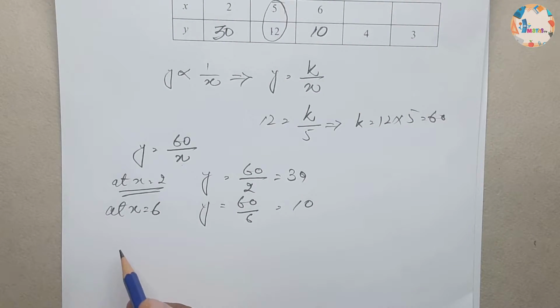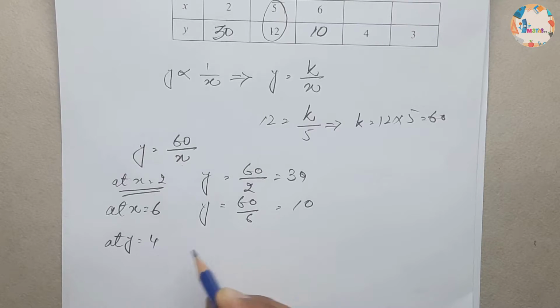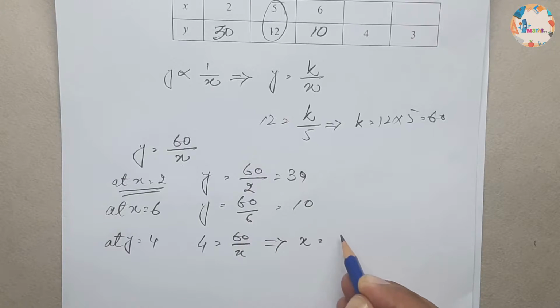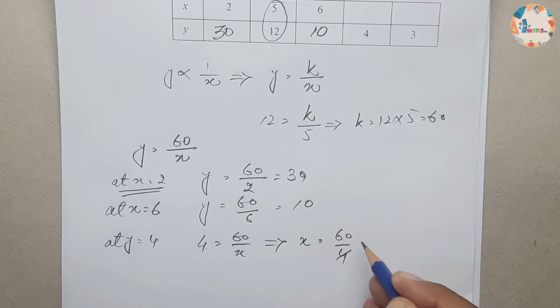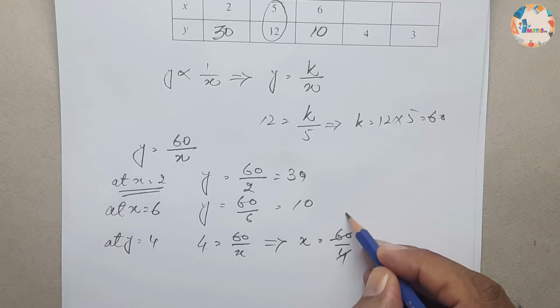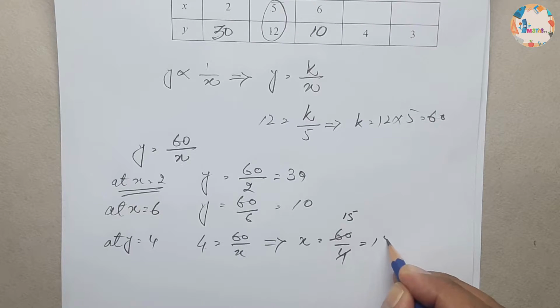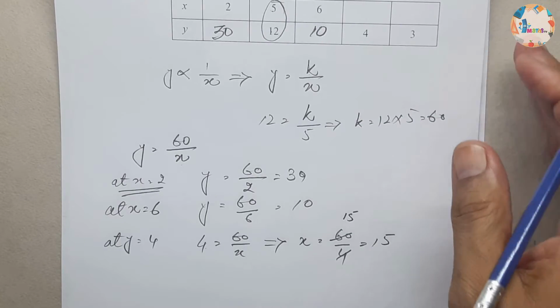When y is equal to 4, we write 4 is equal to 60 over x, and this implies x is equal to 60 over 4. We shift x to one side and 4 to the other side, and this is equal to 15, since 4 ones are 4 and 4 fives are 20. So x is equal to 15, and we fill this value in the table.